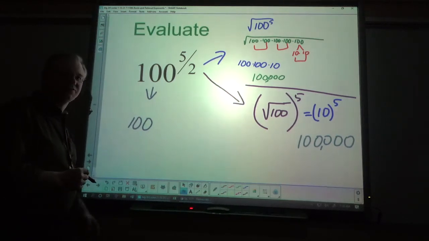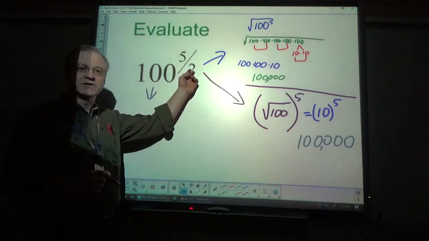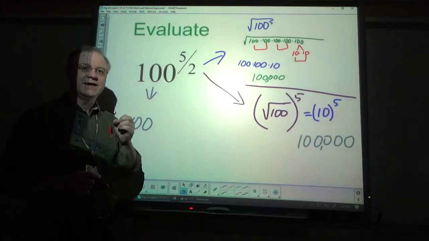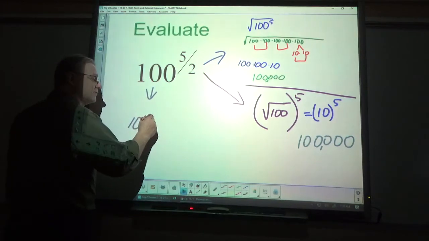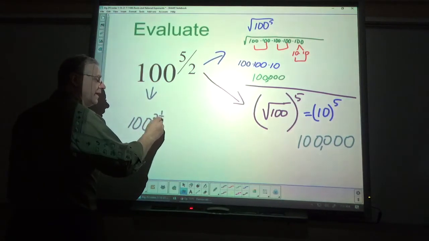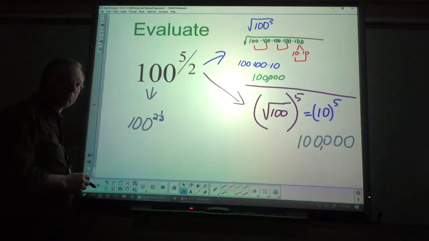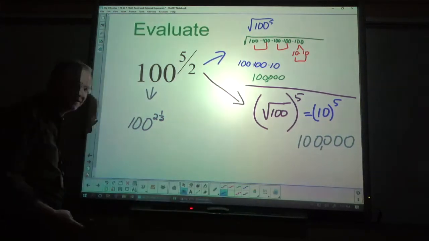Let's think of a fractional exponent like a mixed number. 2 1/2 power. That's interesting.